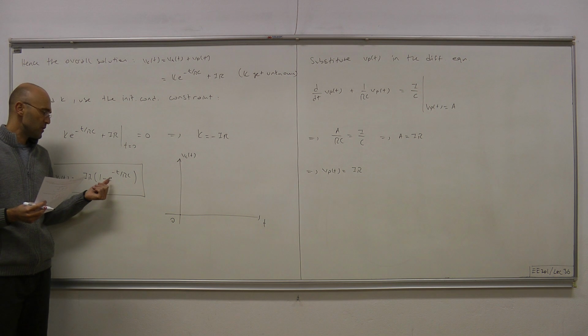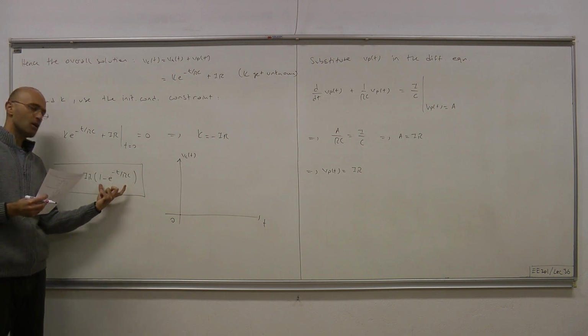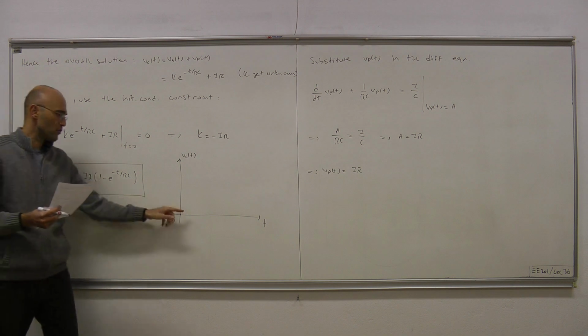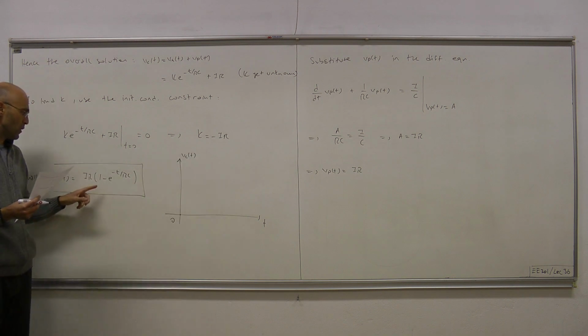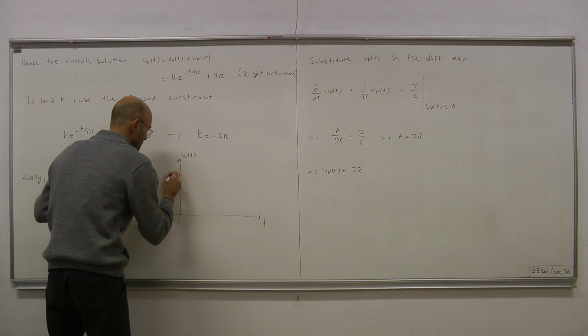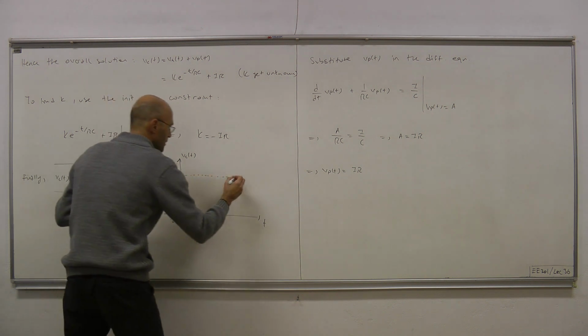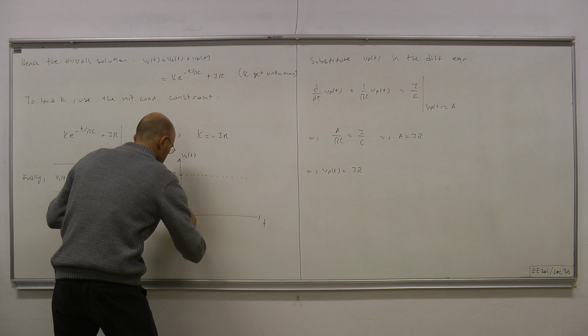Then as time goes on, this becomes smaller and smaller exponentially, therefore this factor becomes closer and closer to 1. It starts from 0 and goes to 1, therefore Vc(t) must be approaching IR in the limit. So therefore we're expecting this shape.